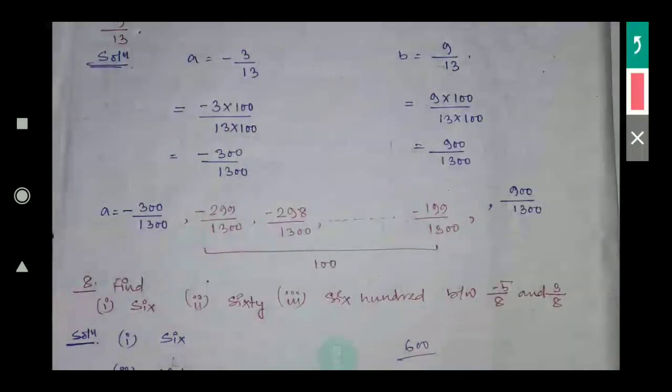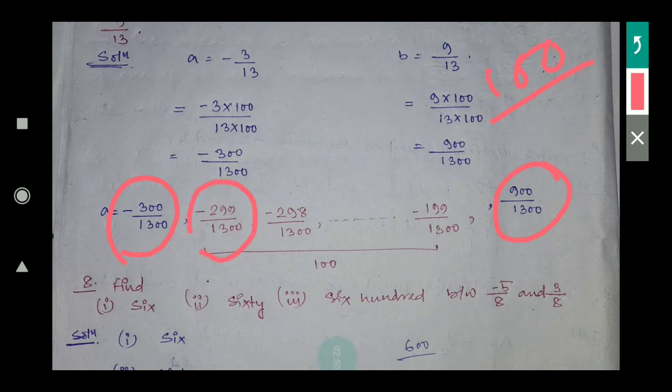In between these we need 100 rational numbers. So from -300 by 1300, the next number will be -299 by 1300, next will be -298 by 1300. Like this, how many do we need? 100 we need.